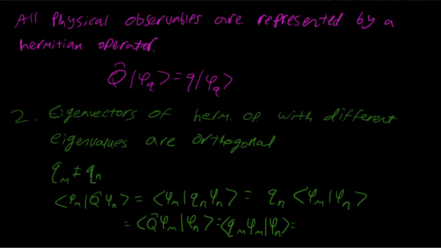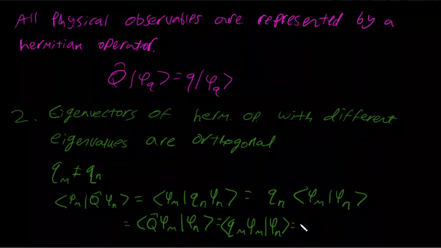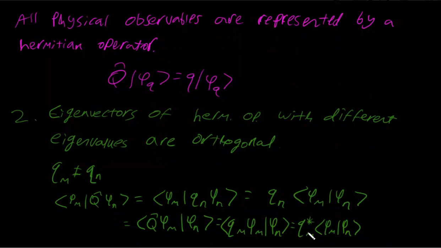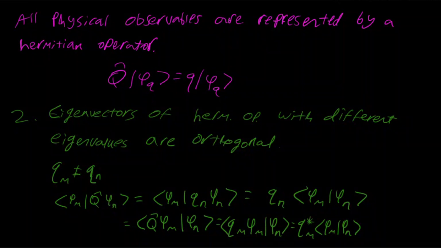We can take this out, but it's got to be complex conjugated. So qm star inner product phi m phi n. But remember, because this is a Hermitian operator, qm star is equal to qm. So this is qm, because qm is real, phi m phi n.